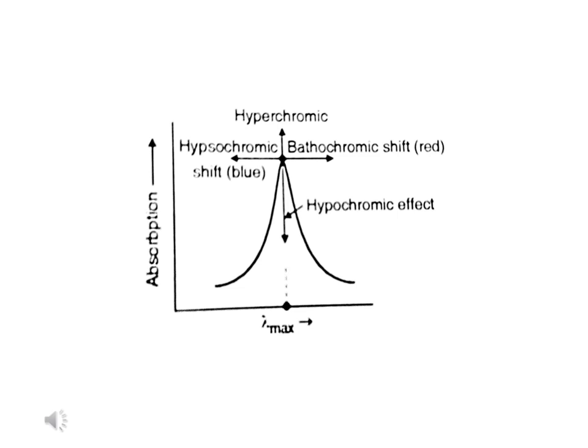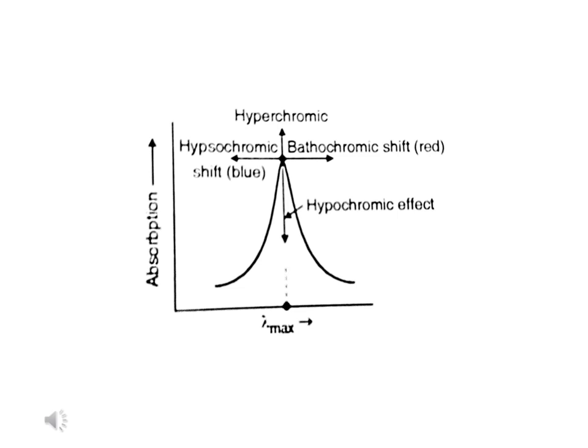There is a very simple graph which I have shown in this slide. It shows the relationship between absorption of radiation and the wavelength. It covers the four types of effects which occur during UV visible spectrophotometry. The first is bathochromic shift or the red shift, which shows an increase in the wavelength.